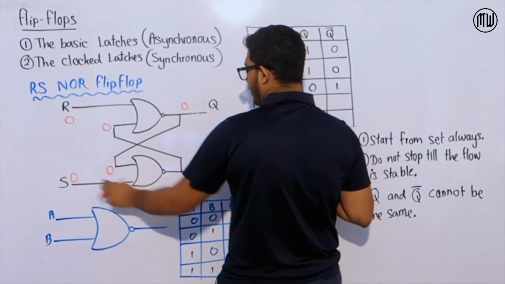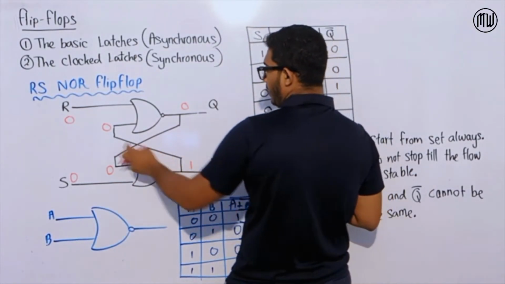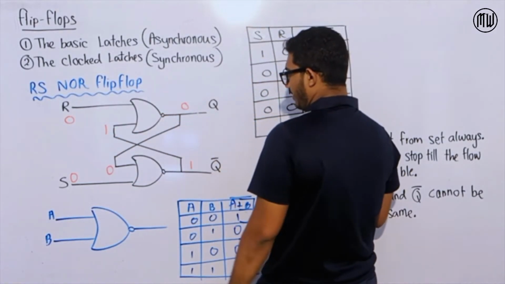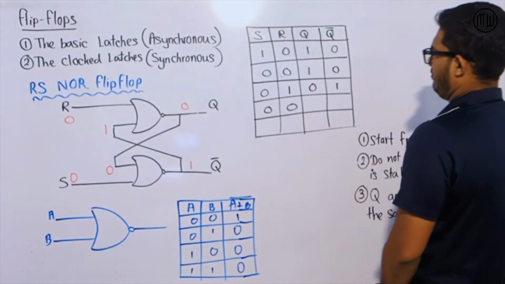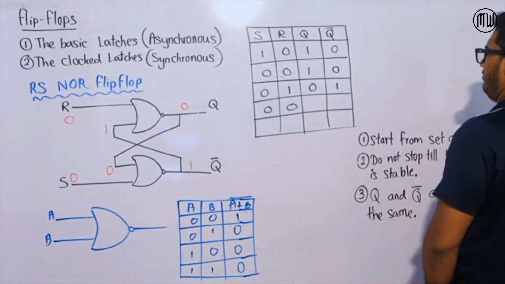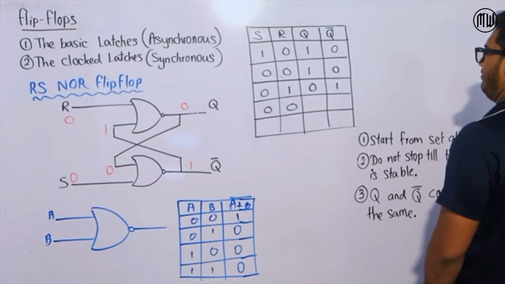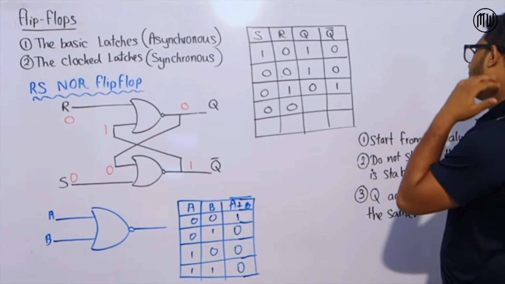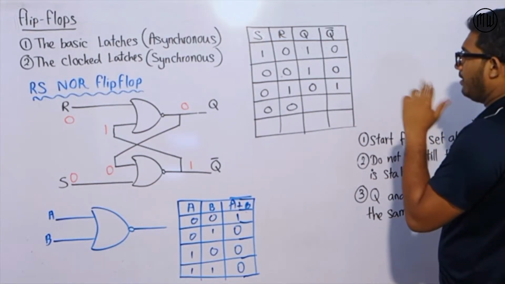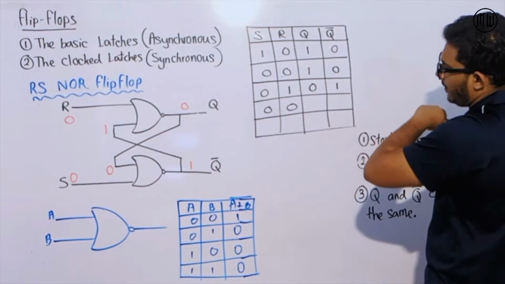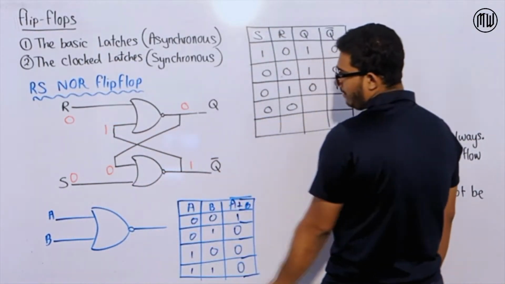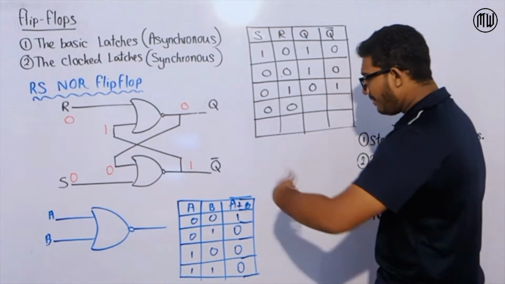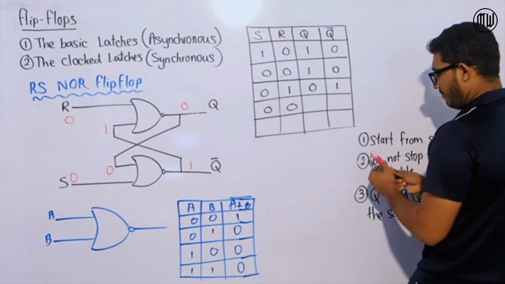Now again 0 and 0 is 1. 1 moves to here. 1 and 0 here. If it's 1 and 0, it remains as 0. That's what happens. It remains the same.